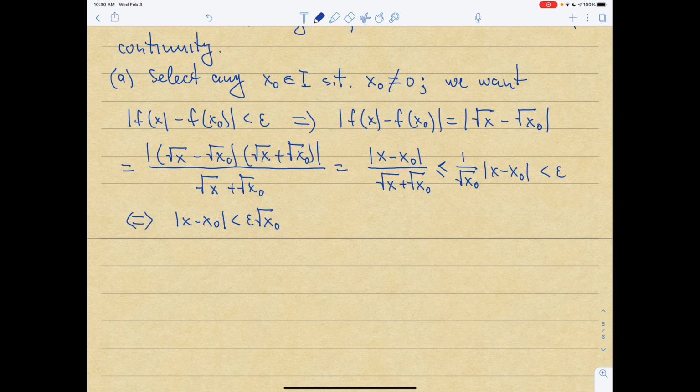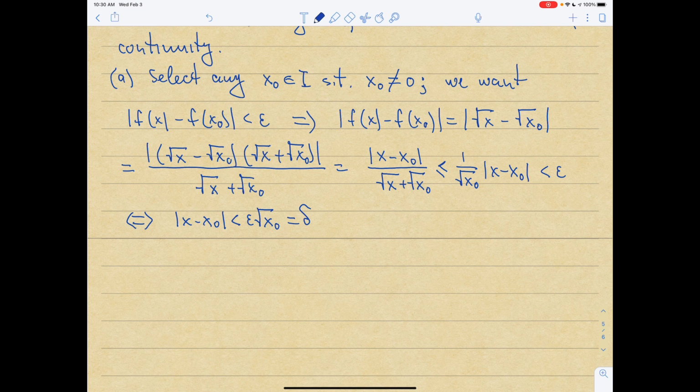Right, and so then I can use delta to be epsilon times square root of x0. And, oops, sorry. So I can use delta to be this. And so therefore, the function is continuous at any x0 between 0 and 1, not including 0.